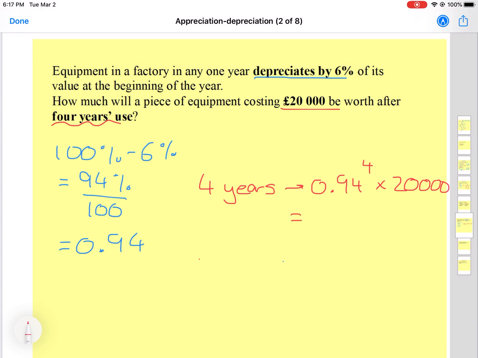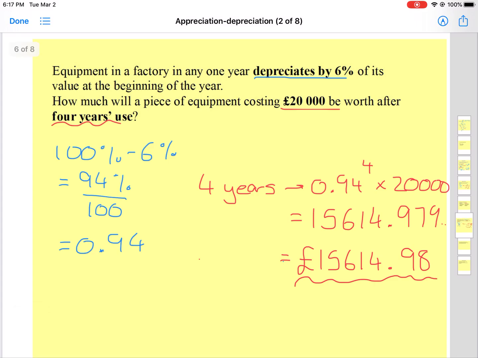Again, that needs to go in our calculator, 0.94 power of 4 times 20,000. We end up with 15,614.979 and so on. So when we round it and put our pound sign in, £15,614.98.